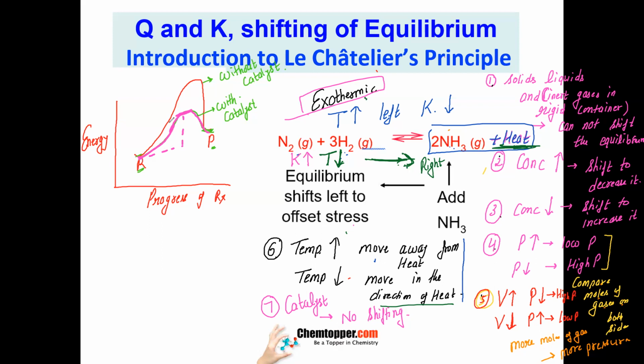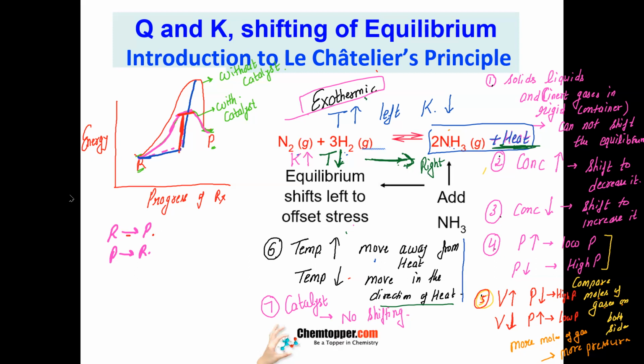Now let's compare the rate of reaction, reactant to product, and then product to reactant. Don't you think that activation energy has gone down for both of them? Earlier, reactant to product, the activation energy was this, but after adding catalyst, the activation energy is only this much. So reactant to product, activation energy has gone down.